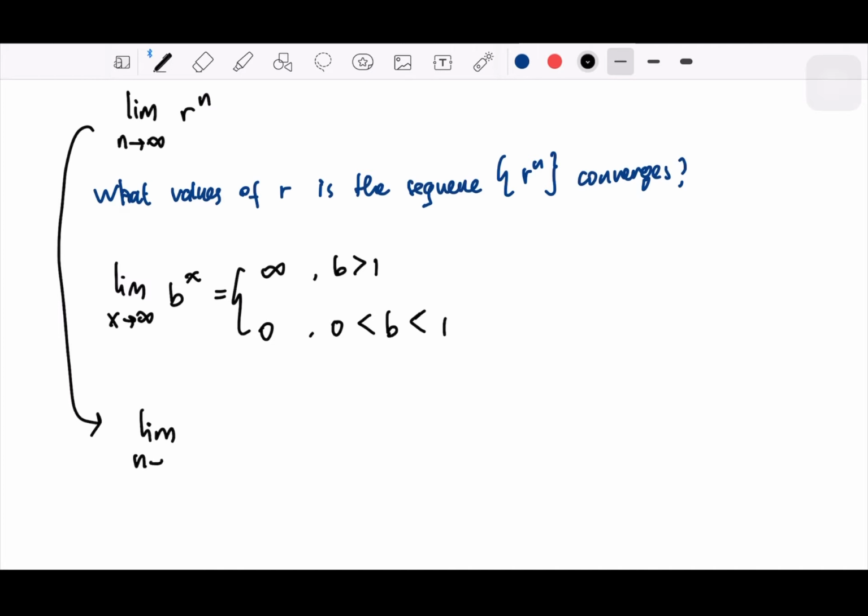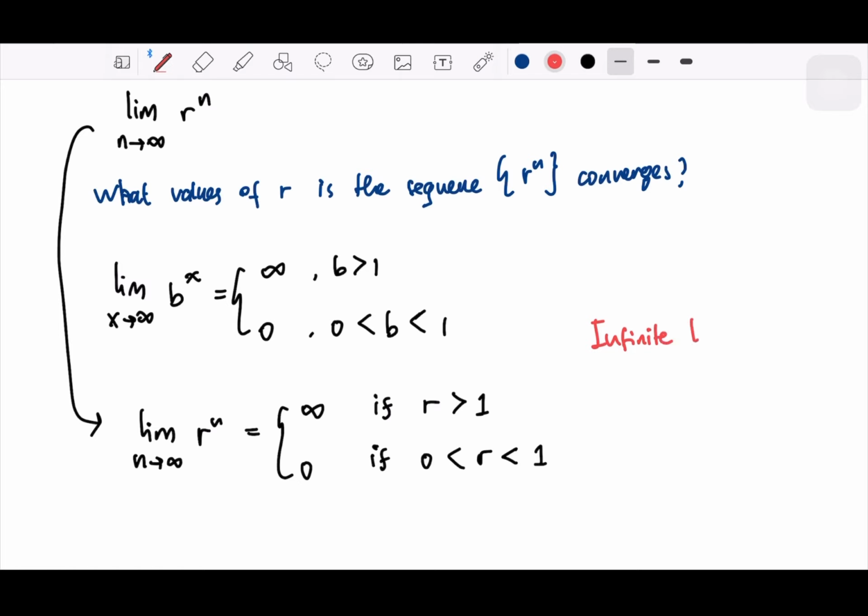If we have this limit, it will be equal to infinity if r is greater than 1, and it will be equal to 0 if r is between 0 and 1, in terms of fractions. I think you can review the infinite limit in chapter 2.